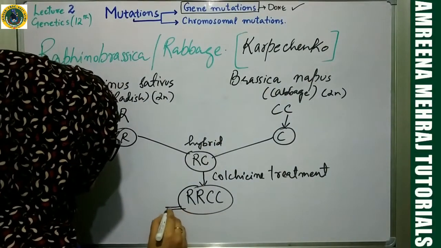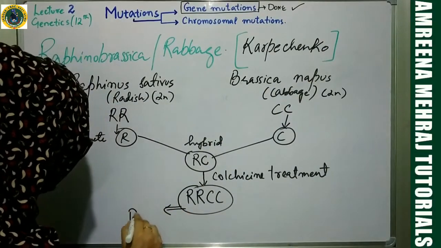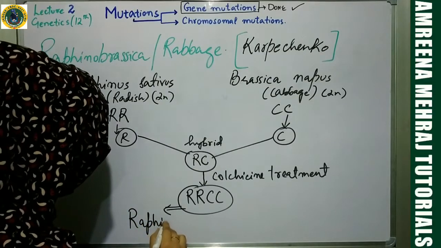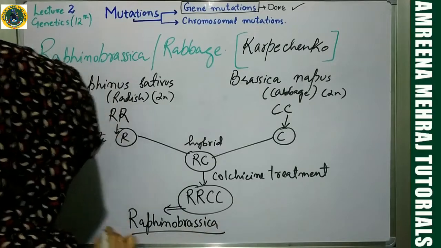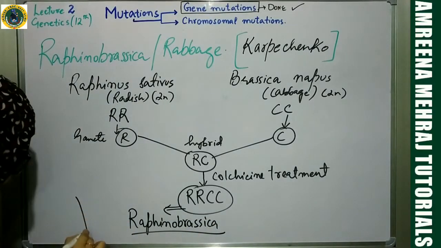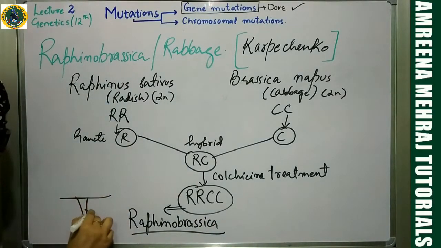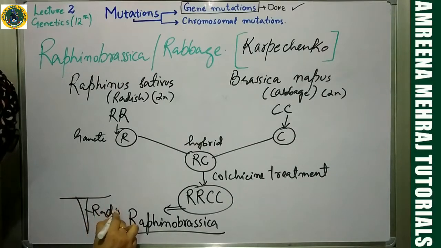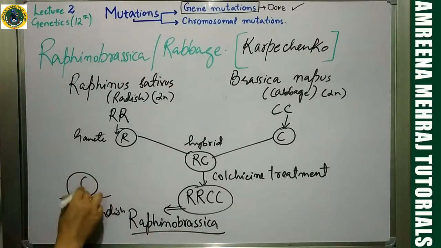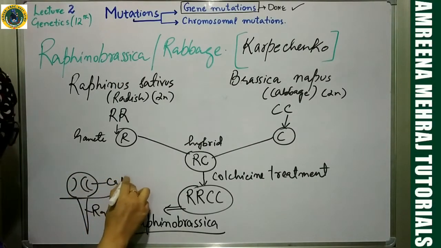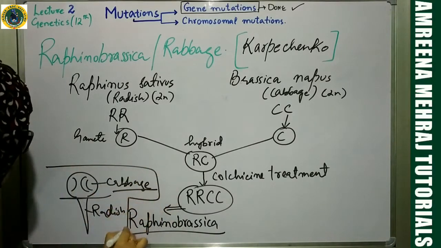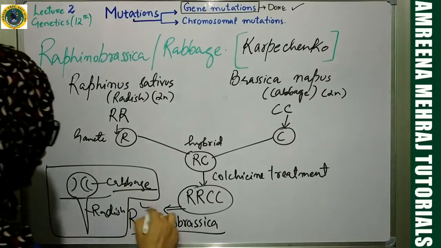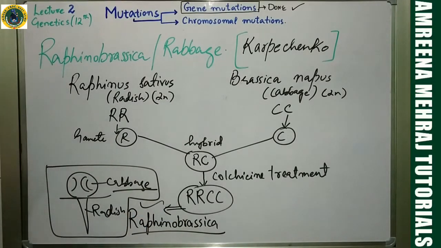This was given the name Raphanobrassica, because this plant had root features which were similar to the radish, and its shoot resembled that of the leafy part of a cabbage.